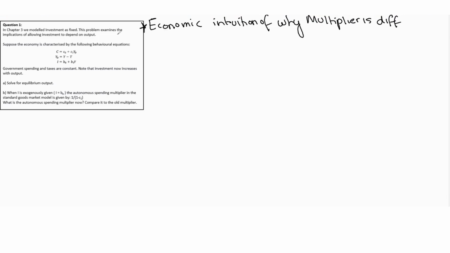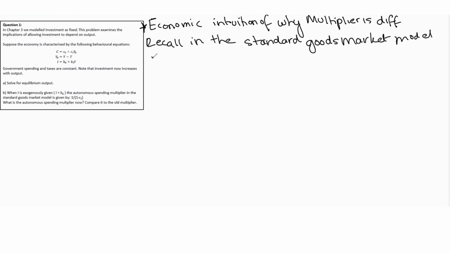For this, recall that in the standard goods market model, in which we took investment to not depend upon output, we learned that the multiplier works in the following way.